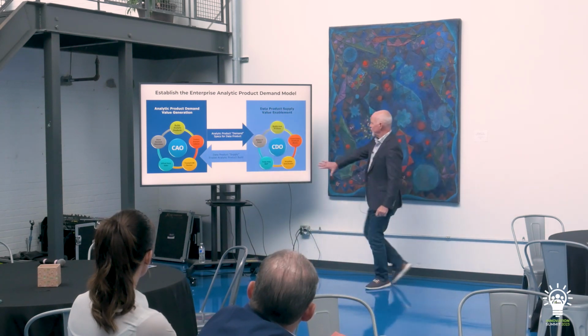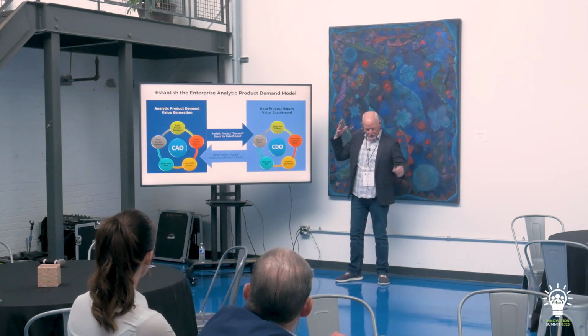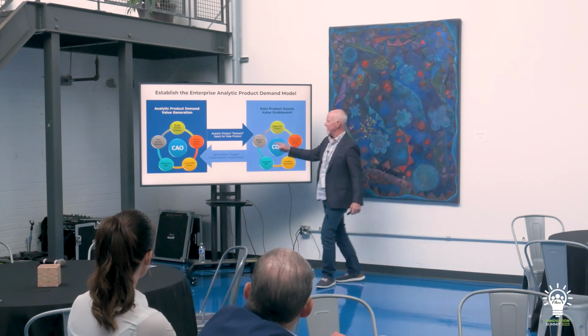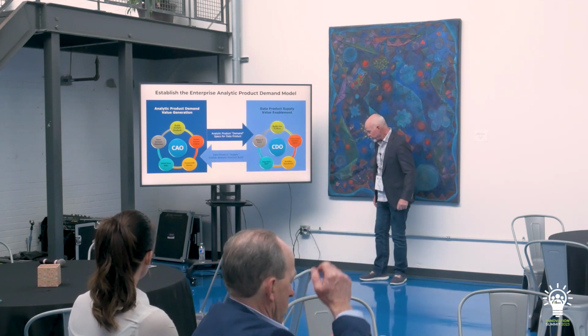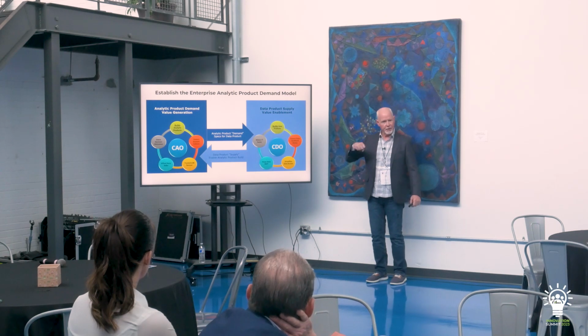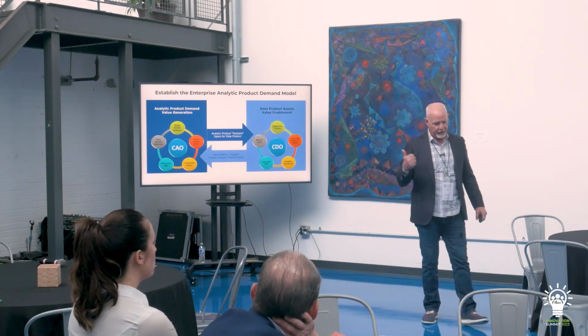That creates the demand for the data. And then I've got the office of the data officer, right? The chief data officer, whose sole job is to build data products as supply to the analytic demand, right? And as I'm doing that, when I build a data product, I'm embedding rules for quality interrogation.